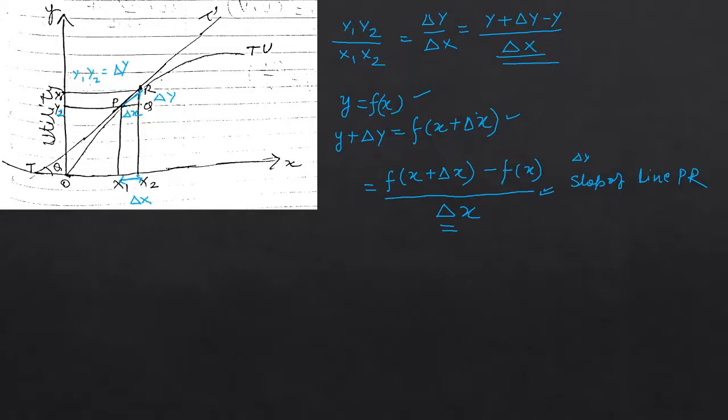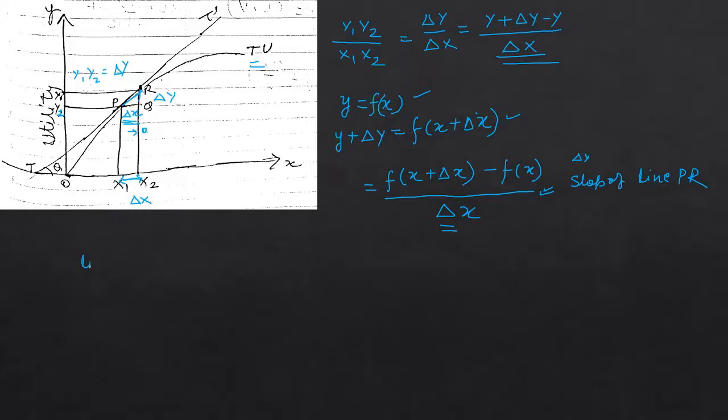I hope it is clear to you. That means if P tends to R, or we can say if delta x approaches 0, this P will approach R, and this line PR will be tangent to the curve of total utility.